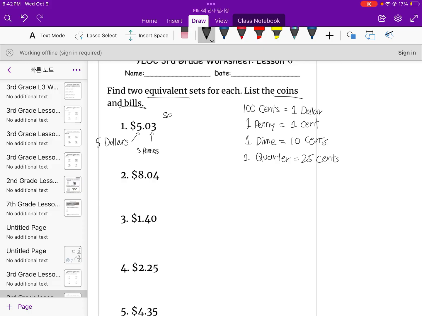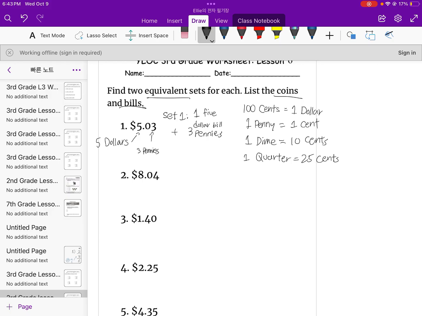So for set number 1, we're gonna have one $5 bill plus 3 pennies.